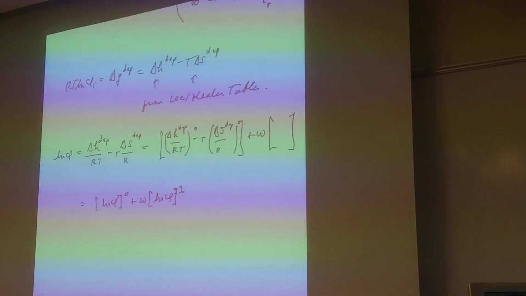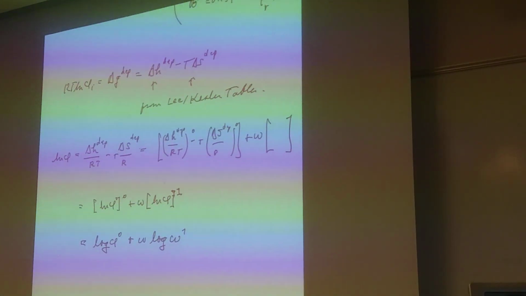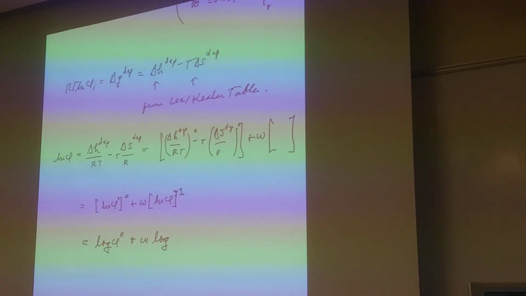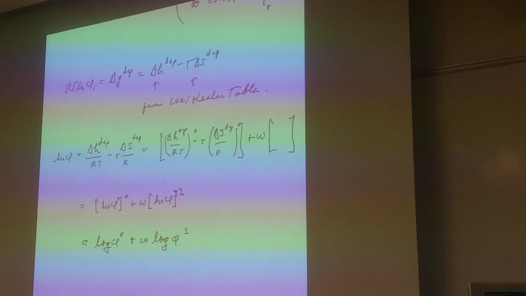Now, actually what they've done, for reasons I'm not sure, they've used common logs instead of natural logs. So we write this equivalently as log phi0 plus omega log to the base 10 phi1.